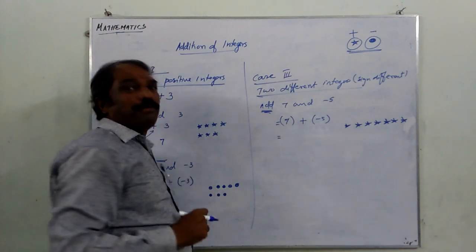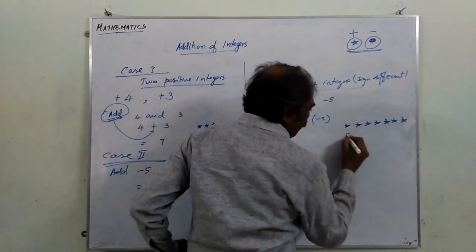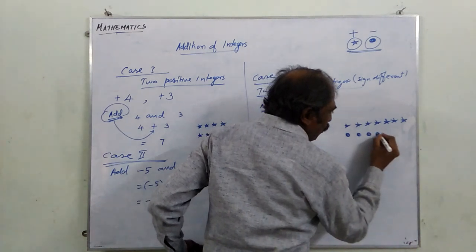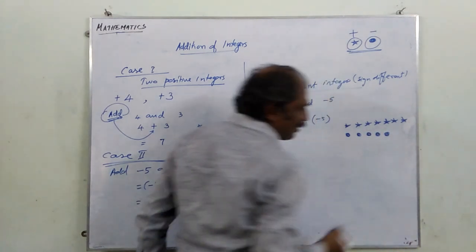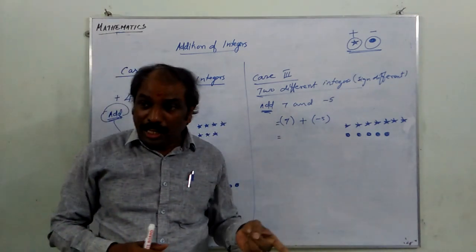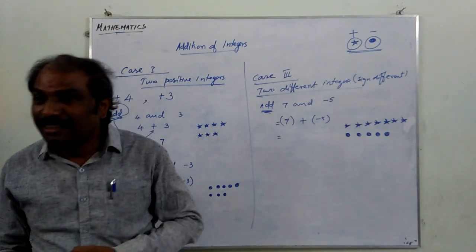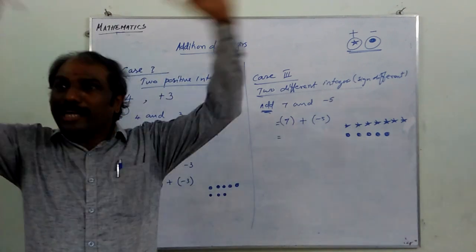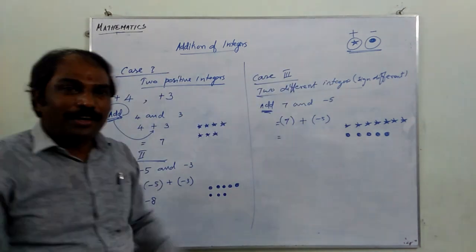Yes, you are correct. 5 dots. Okay. 1, 2, 3, 4, 5. Now what we have assumed is that one star eats one dot. One star will eat one dot and will vanish from there. It will not remain there.